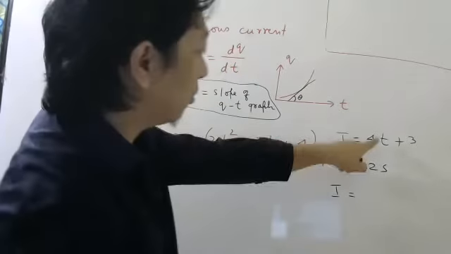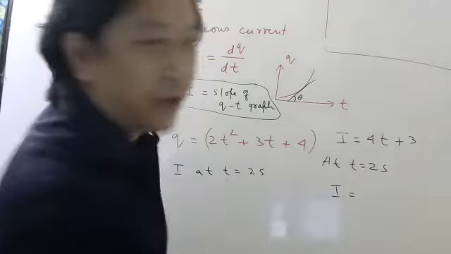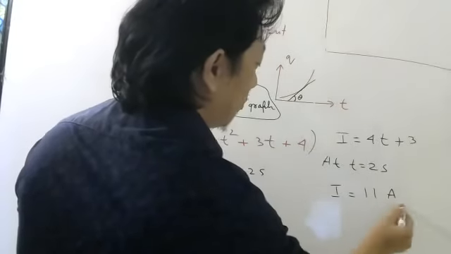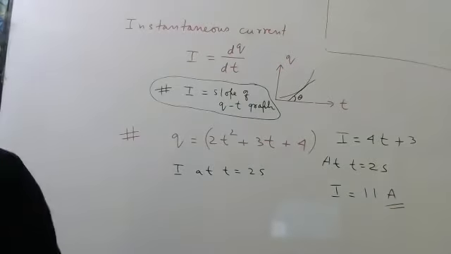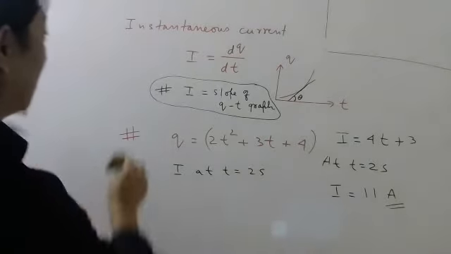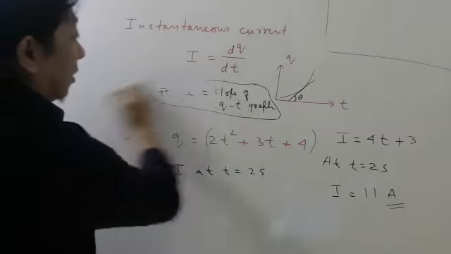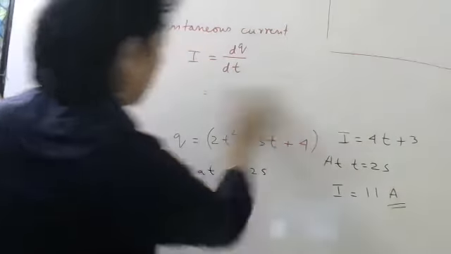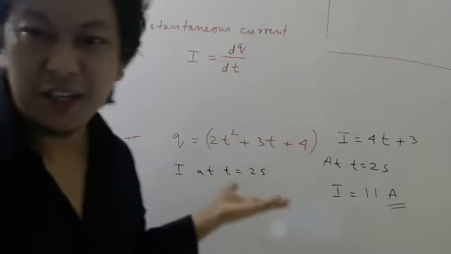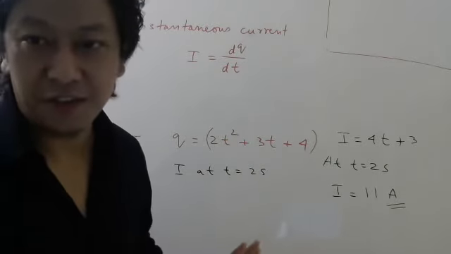So put t equal to 2 seconds. 4 into 2 will be 8. 8 plus 3 will be 11. Units, if you don't write, you get 0 in the board exam. So, simple problem. This is very easy. Okay, you already know how to do differentiation, right?